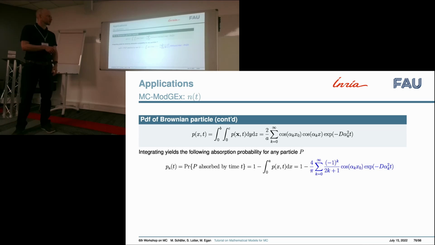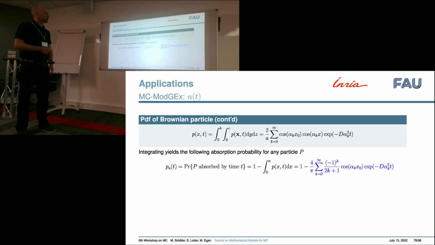So this is sort of the accumulated probability mass of the particle location in the box at some time t. And then if we take 1 minus this probability, we obtain the probability that the particle has already been absorbed by this time t, right?